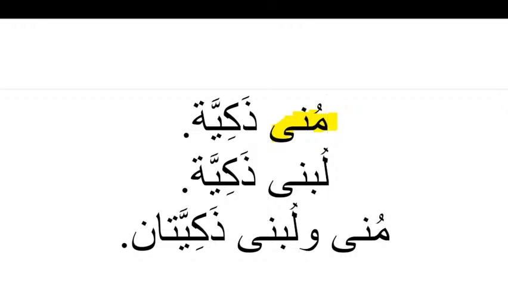So it's a type of alif that is written this way. It looks like the ya, but it's not actually a ya. It's just an alif with that particular form, and it is pronounced as an alif. منى.